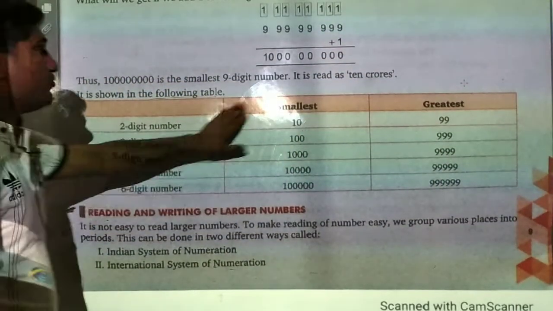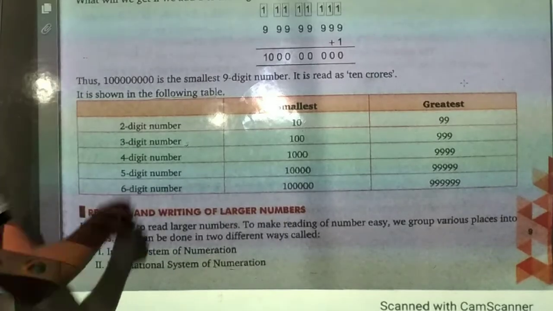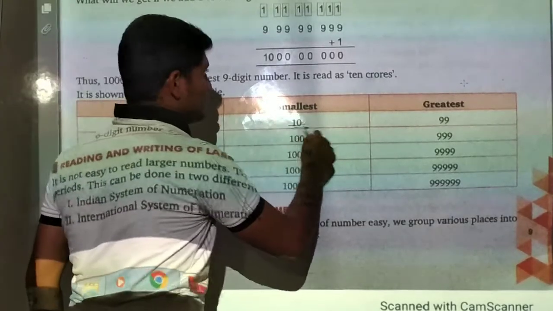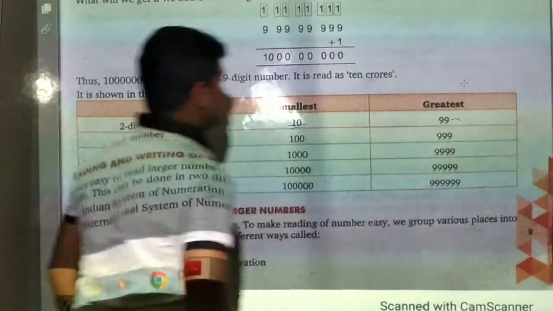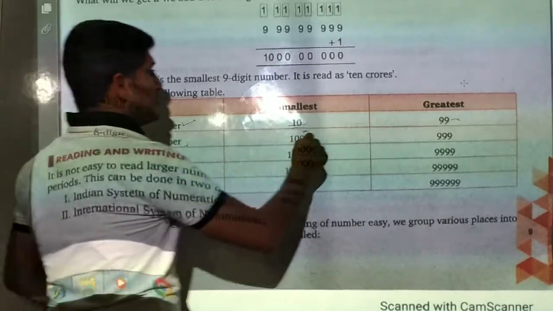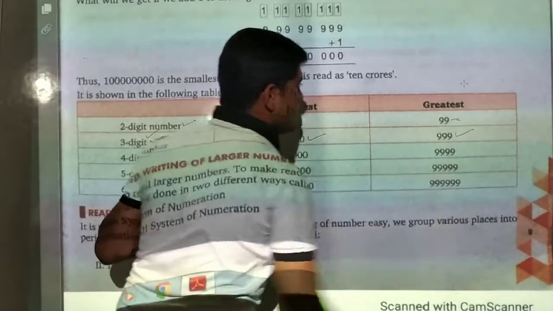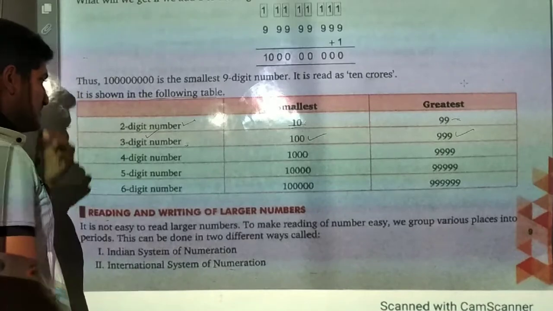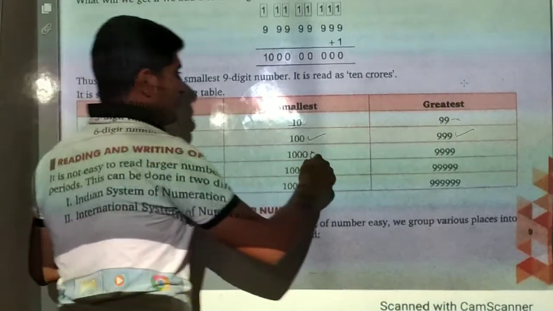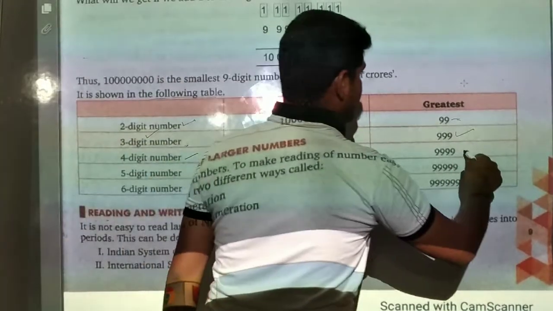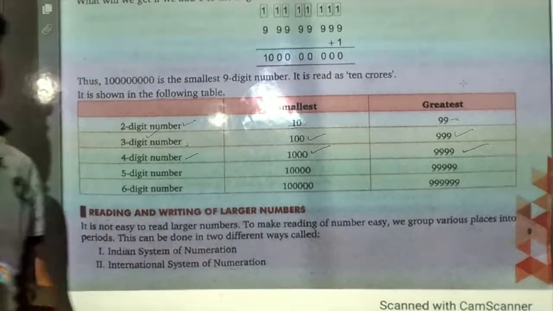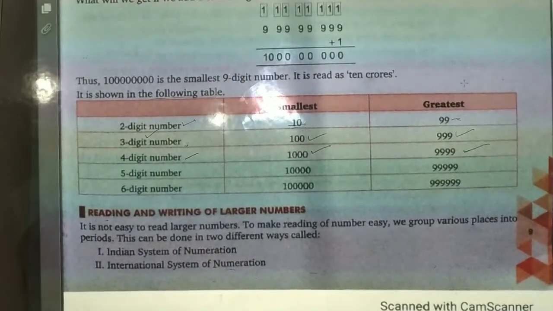Here you have to make a table. For 2 digits, the smallest number is 10 and the greatest is 99. For 3 digits, 100 is the smallest and 999 is the greatest. For 4 digits, 1000 is the smallest and 9999 is the greatest.